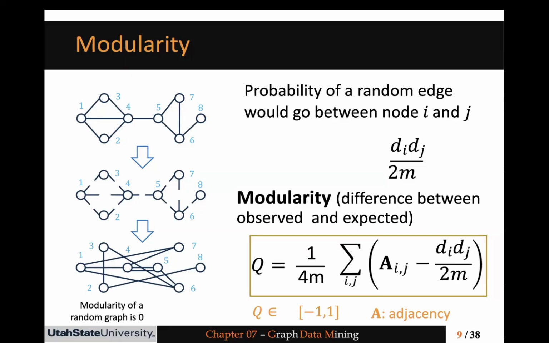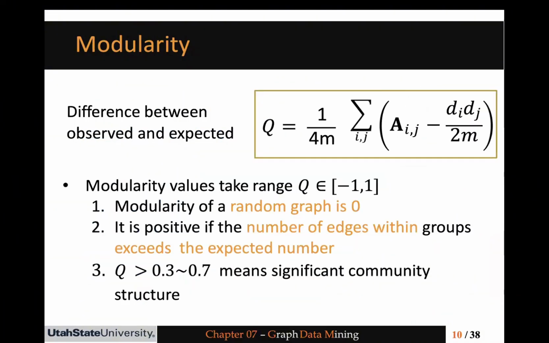There are no patterns and no communities that exist in your graph. If your Q is greater than, let's say, 0.5 or 0.6, then we are talking about strong communities that exist inside your graph, whose modularity you just computed.